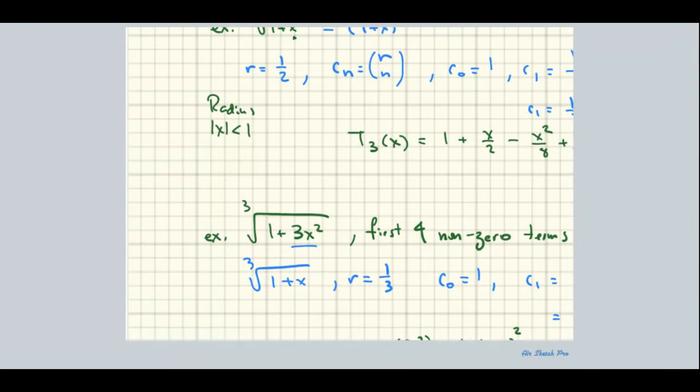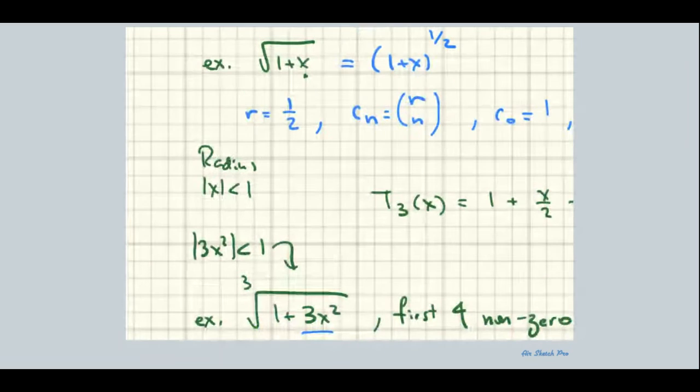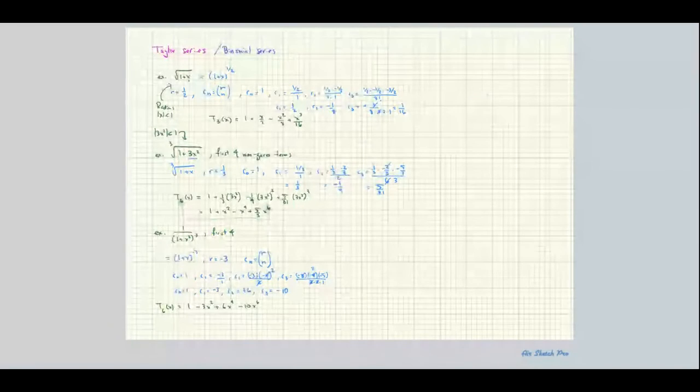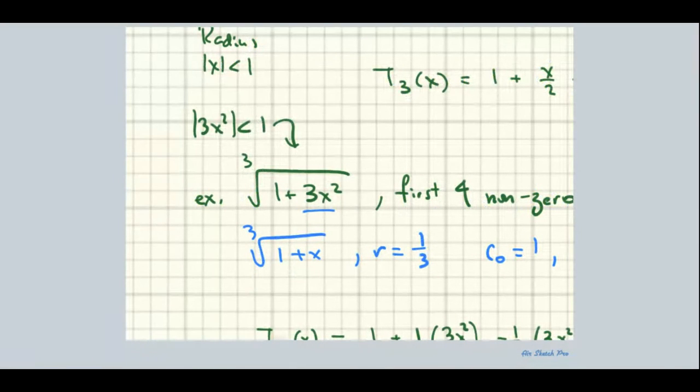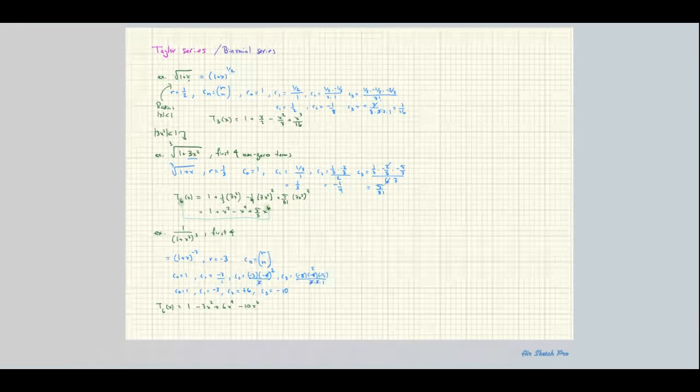And now I want x squared to be less than 1. So it makes a difference. The radius changes depending upon the substitution. That's just how it works. But in practice, we're not talking about that a whole lot.